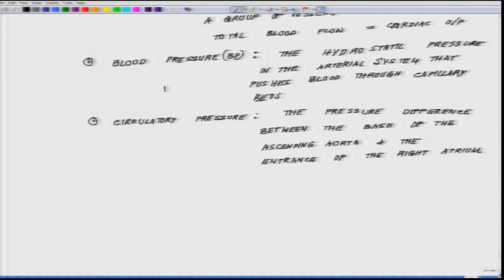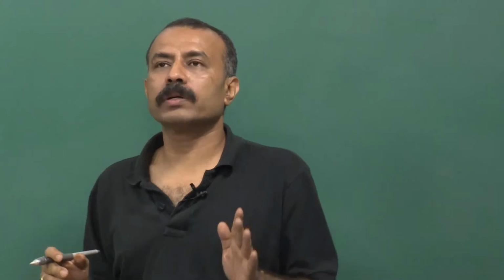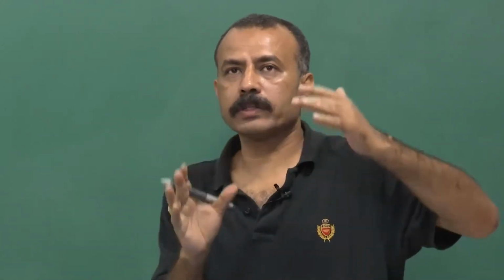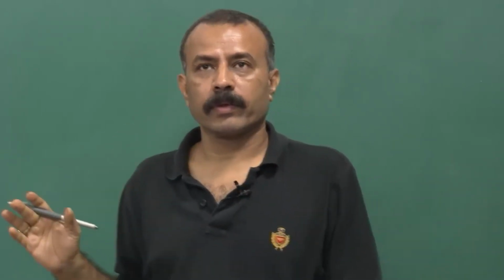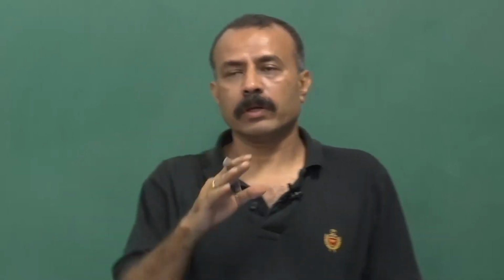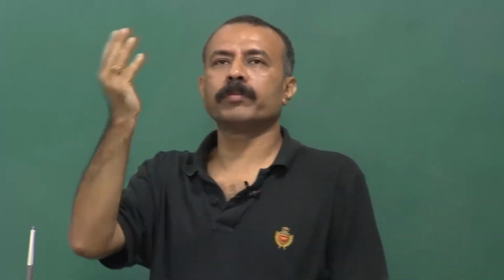So, you should be able to distinguish between the blood pressure and the circulatory pressure. This is very important that you try to understand that there are several terminologies which you will come across, but unless you think through it, you will get confused. One more thing which I wanted to highlight: whenever you talk about blood pressure, you get two values, higher blood pressure, lower blood pressure.